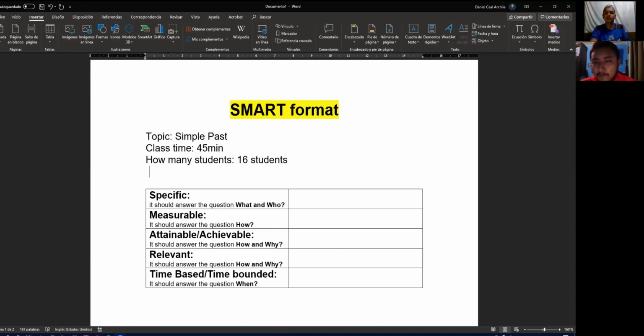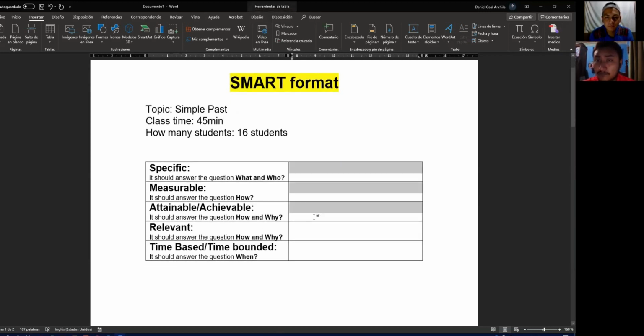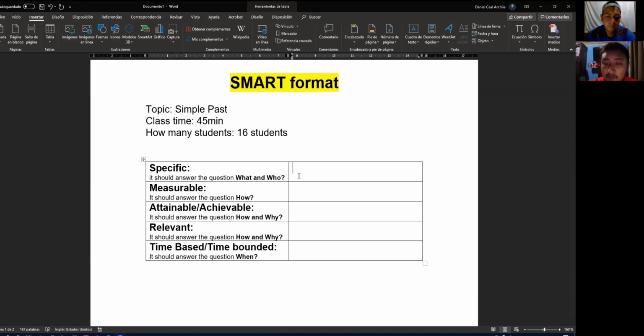Okay. So here we have the little table that we can use to create our SMART objectives. Answering this, at the end, we can combine everything to create our objectives in order for us to have a clear way to do it. But let's start step by step, so at the end we can observe what's the product that we will come out with.